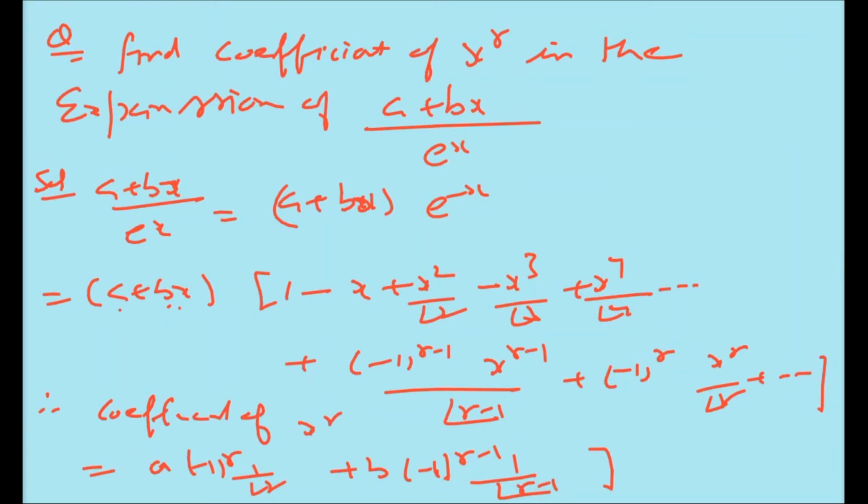So we will do one more thing: we can write here a into minus 1 to the power r upon factorial r, and we can write plus minus 1 and minus 1 to the power r minus 1 into minus 1.